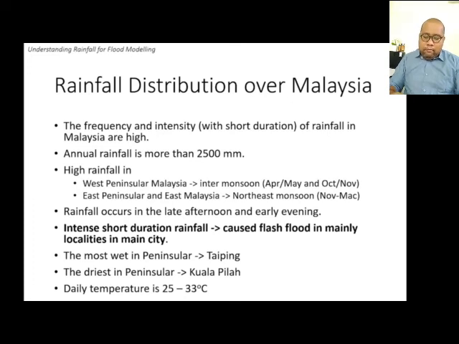So the problem with the intense short duration rainfall, actually it causes flash flood, mainly in the main city. That's the problem. But I think this statement, saya tak pastilah, this statement saya ambil daripada buku mana.